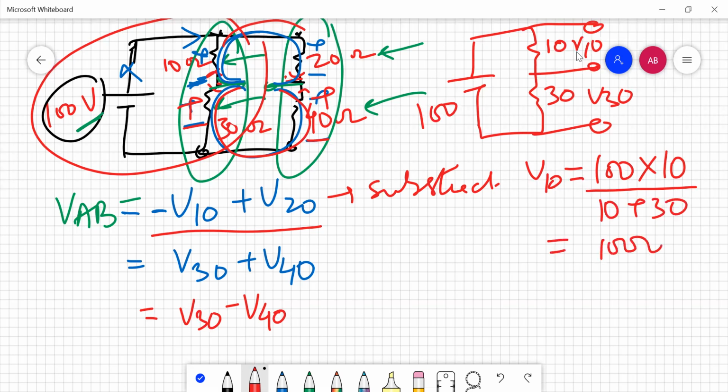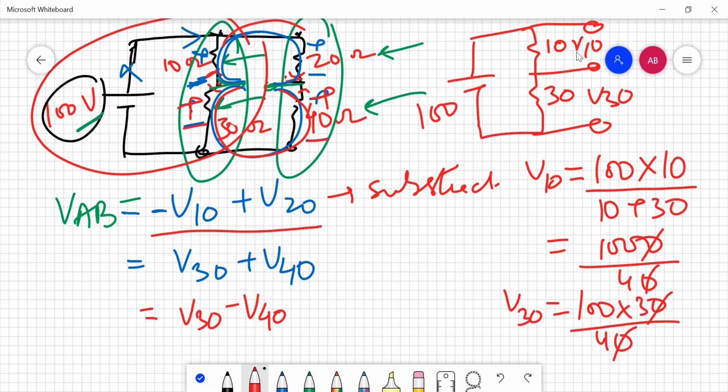So it will be 1000 divided by 40. Similarly, the value of V30 will be equal to 100 into 30 divided by 40. That makes it 300 by 4. And similarly, we are going to write down the values of my V20, and then put the values here to calculate the value of VAB.